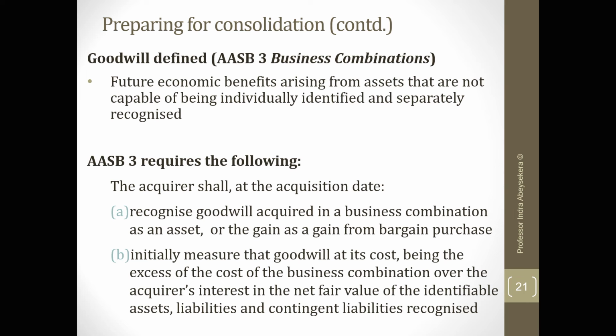So it requires the acquirer shall, at the date of acquisition, recognize goodwill acquired in a business combination, and then it should be maintained at its cost, and it should be measured using the fair value of assets of the subsidiary against the investment to find whether there had been an excess paid over the fair value of identifiable assets and liabilities to see whether there's an unidentifiable asset that arises.